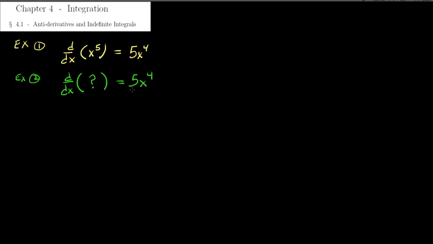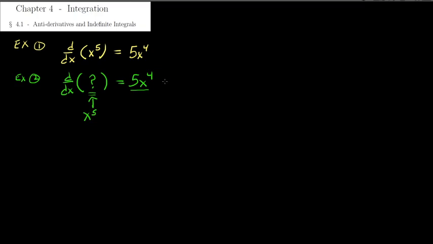Okay, so we know what the derivative is. We want the original function that gave us that derivative. Now, the answer here should be obvious because we just did it, right? This is x to the fifth, right?